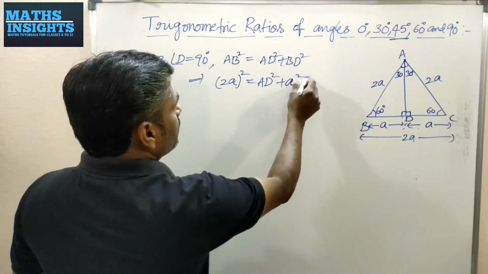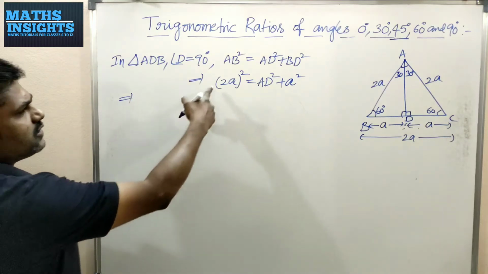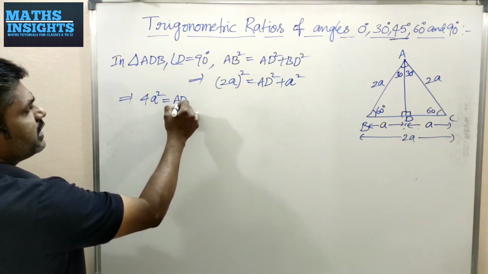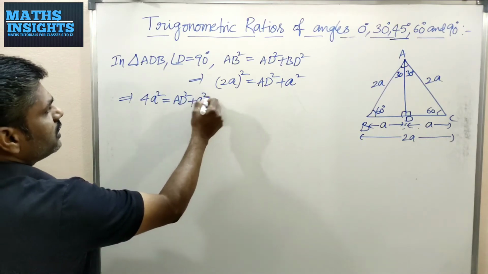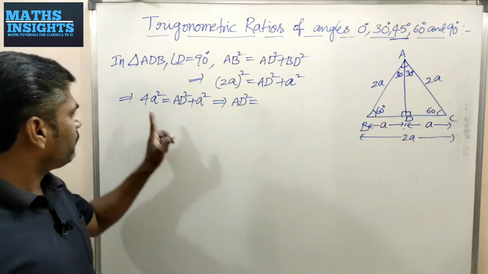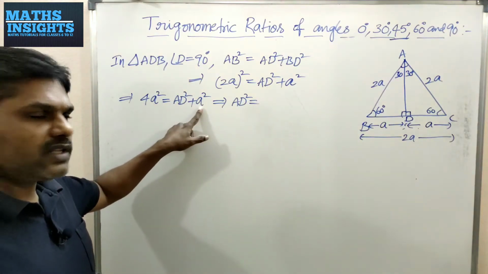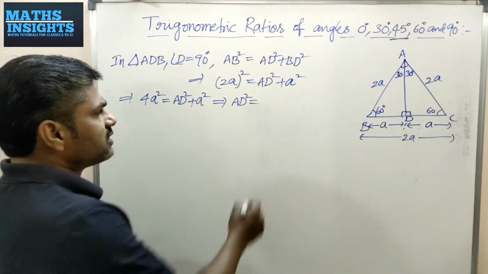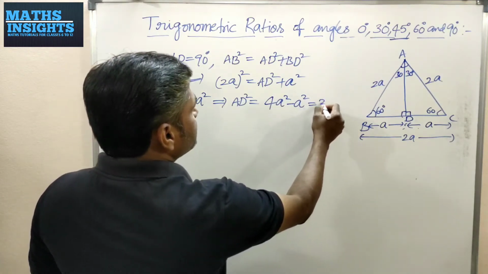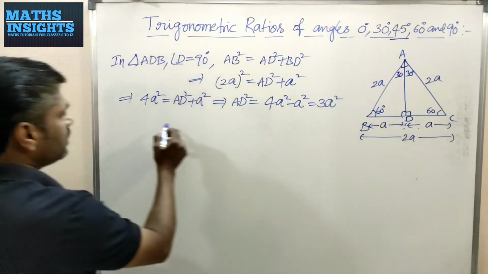Therefore, 2a whole square will become 4a square, which is equal to AD square plus a square. If you calculate AD square, that will become 4a square minus a square. Therefore, 4a square minus a square, which is equal to 3a square.